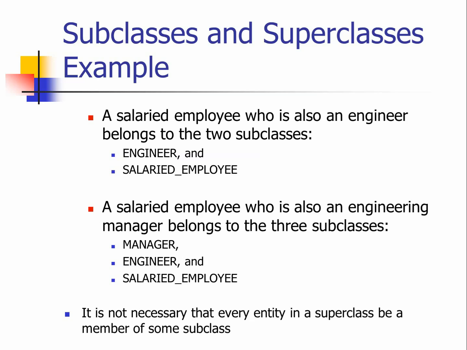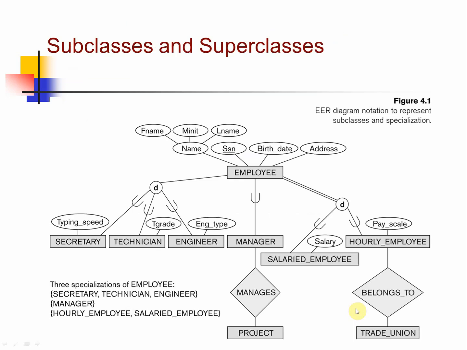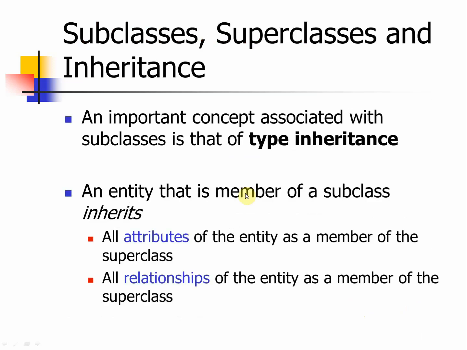It's not necessary that every entity in a superclass be a member of some subclass. So we see this picture several times, and now you should have a very good understanding of what it means.